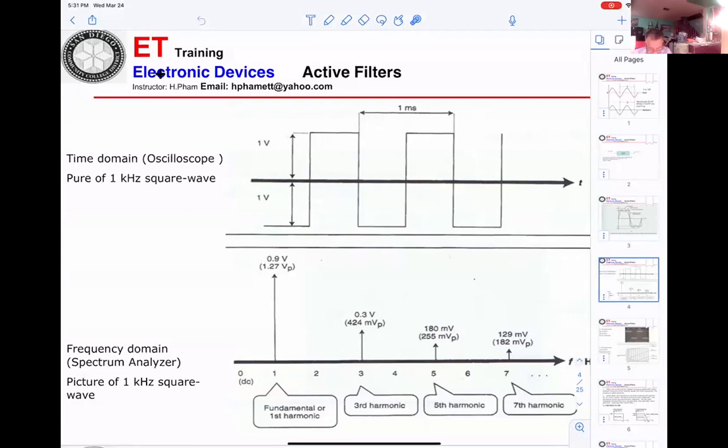On the spectrum analyzer, for the odd harmonic at 1 kilohertz where the arrow is, it says 1.27 volts peak, and above that it's just got 0.9 volts. As it goes down the line, how is it generating those voltages? I think that could be an average, like a DC.